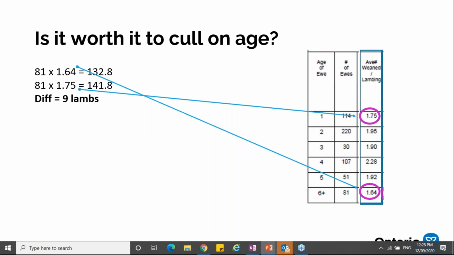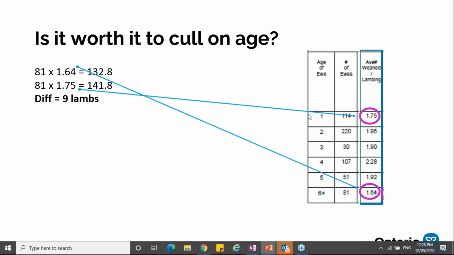And so in this case, we've got the ewe lambs weaning more lambs than the 6+ ewes. And if this was the past year's records, and if I say, for example, that last November I culled those ewes that are in this 6+ category, and instead of keeping them, I kept an extra 81 ewe lambs.